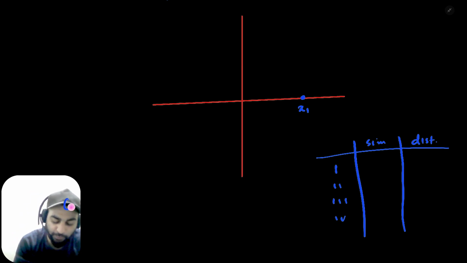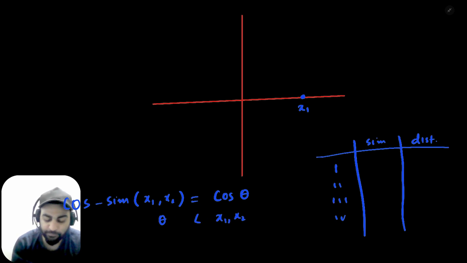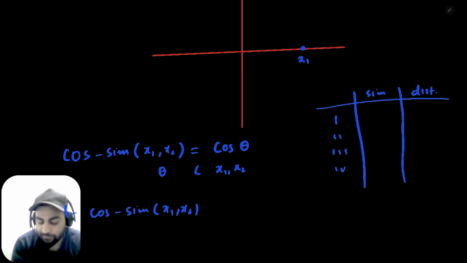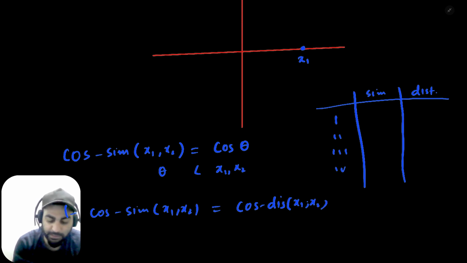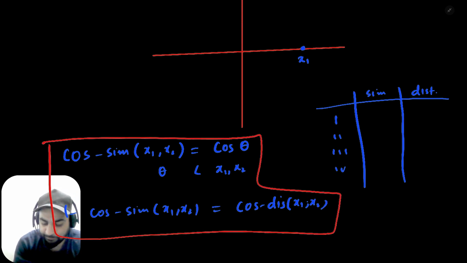Again, knowing the formula, cosine similarity of x1 comma x2 is equal to cos of theta, and this theta is the angle between x1 and x2. This is the definition of cosine similarity. And 1 minus cosine similarity of x1 comma x2 is equal to the cosine distance of x1 x2. Just remember these things.